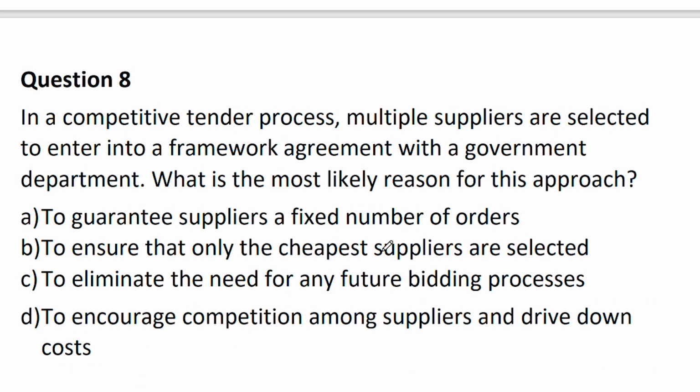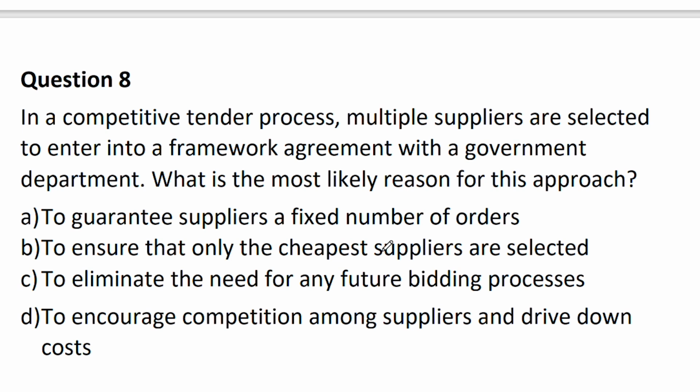Another one. In a competitive tender process, multiple suppliers are selected to enter into a framework agreement with the government department. What is the most likely reason for this approach? Whenever you have multiple suppliers, usually the first reason is because you're looking at cost. You want them to compete.